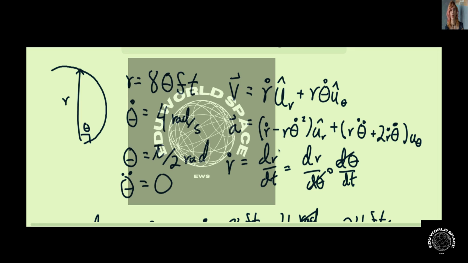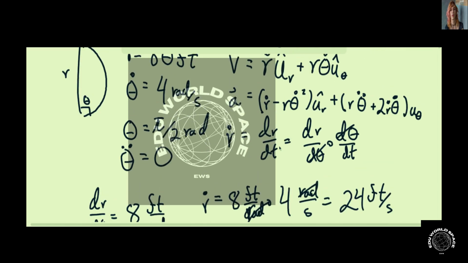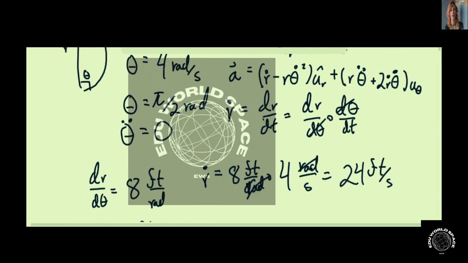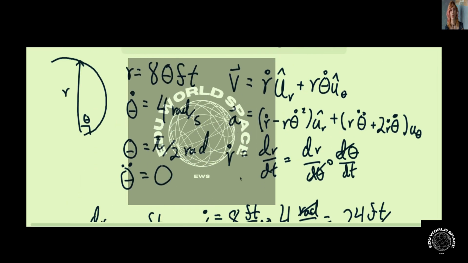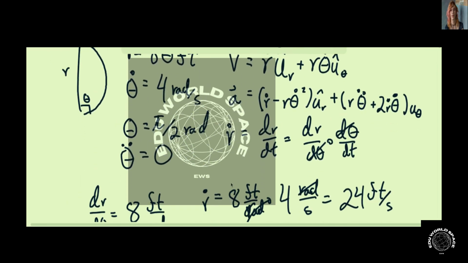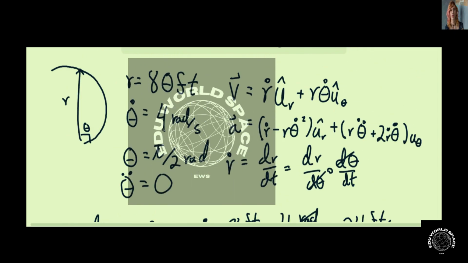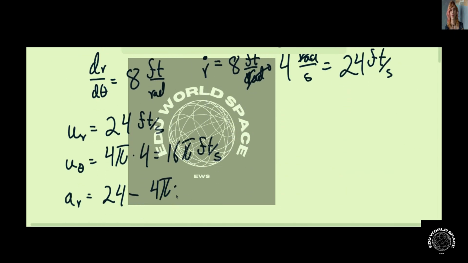And for the acceleration, this is going to be r double dot, which is 0, minus r times theta dot squared. So A R is 0 minus r, which is 4 pi, times theta dot squared, and 4 squared is 16.